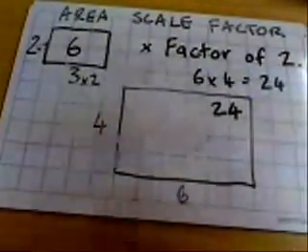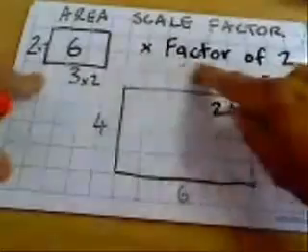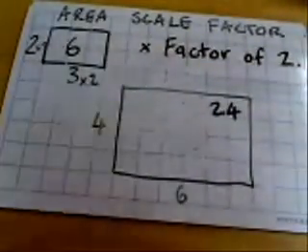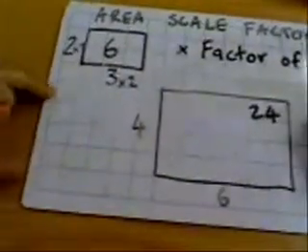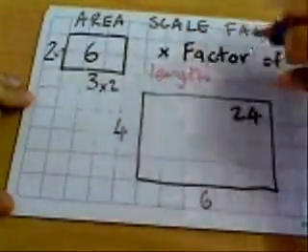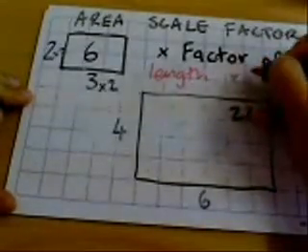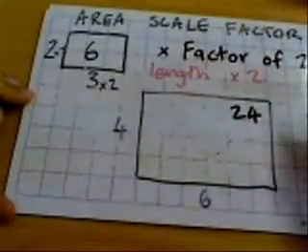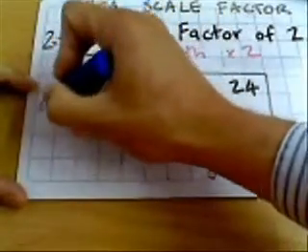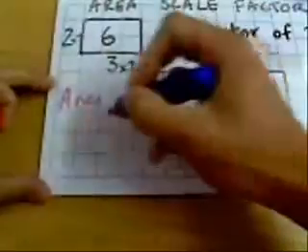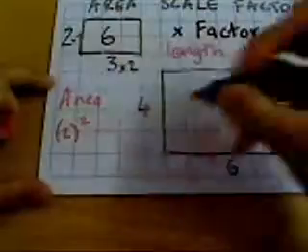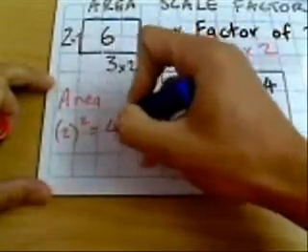So how do we work this out? Well, we can go back and say that the lengths of the sides have increased by a factor of 2, but the area has increased by a factor of 2 squared, which equals 4.